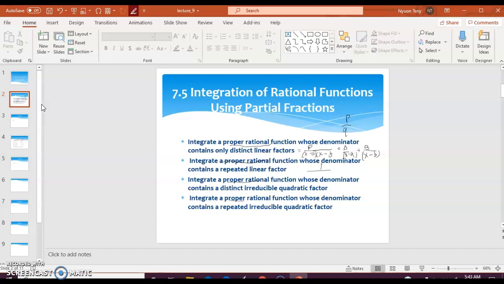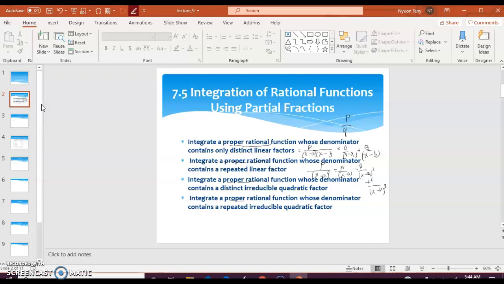So if I have a function, say P over x minus a, to the third, I'm going to have A over x minus a plus B over x minus a squared plus C over x minus a, to the third. So this is if you have repeated linear factors in your denominator.